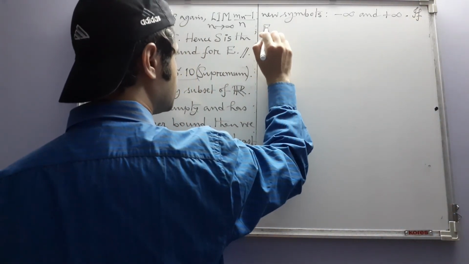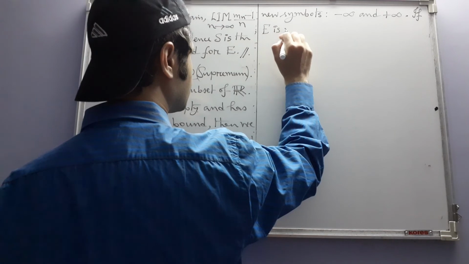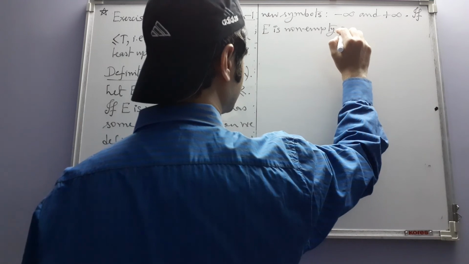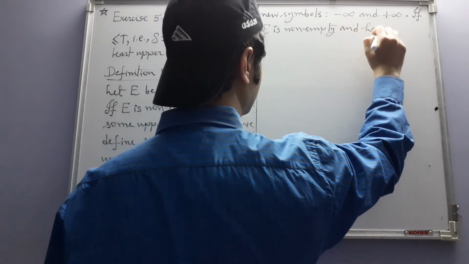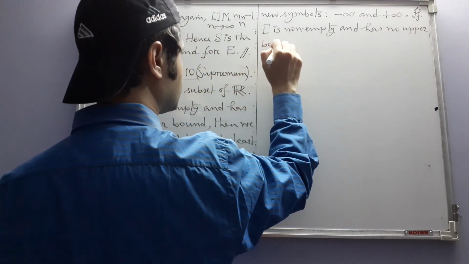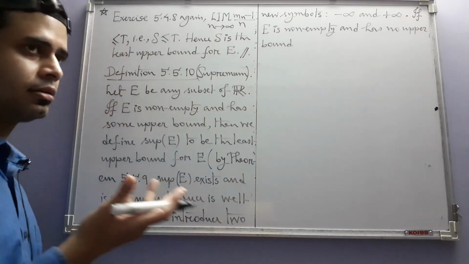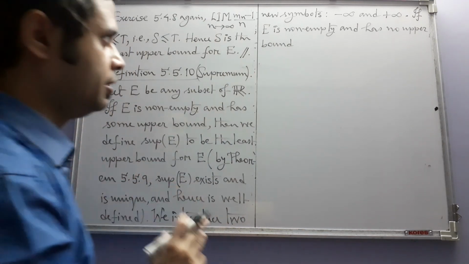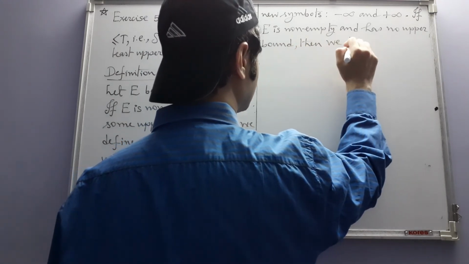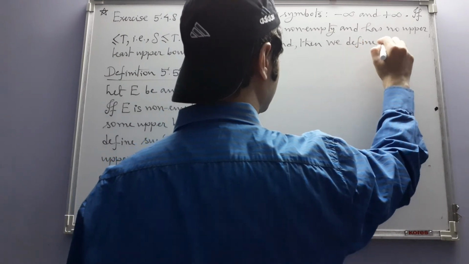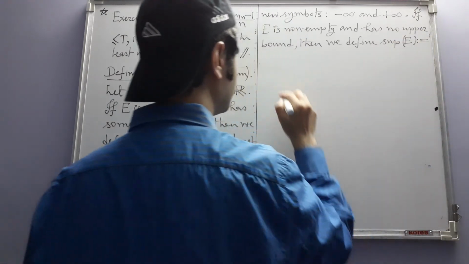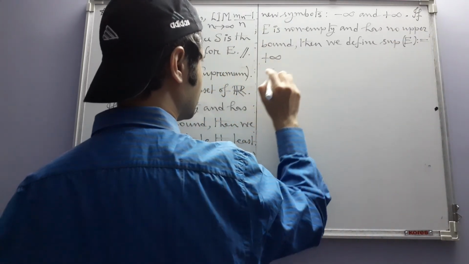If E is non-empty and has no upper bound, like that set of all positive real numbers, if E is like that, then we define supremum of E to be plus infinity.